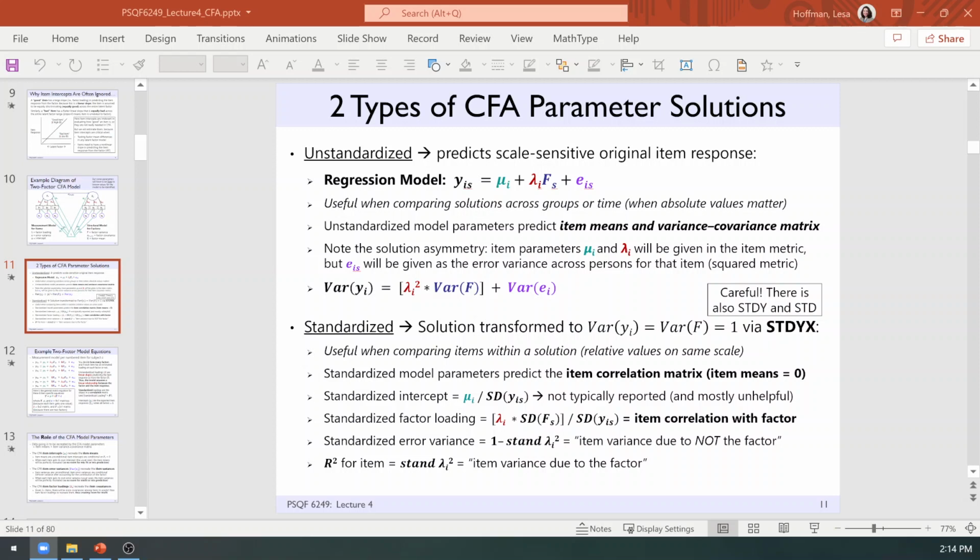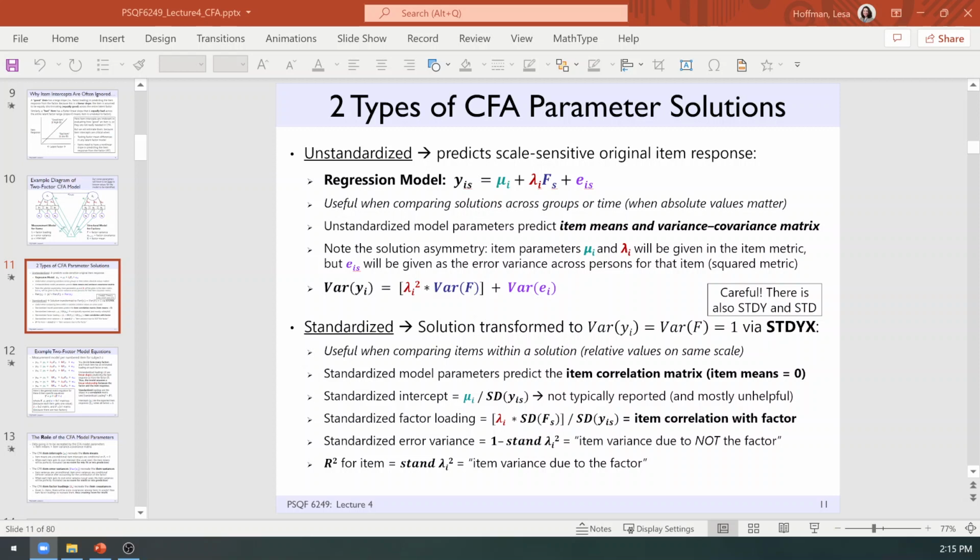Questions? We still assume normality of F even if the responses are not normally distributed. Yes, we do. So if the responses are normally distributed, that's what CFA is for. If the responses are some other kind of distribution, then we need to take this model and add some stuff to it.